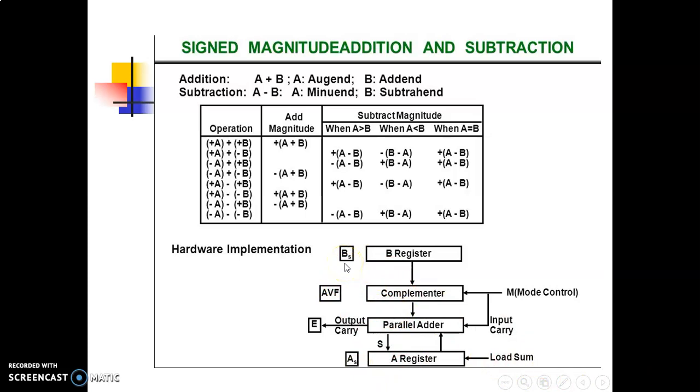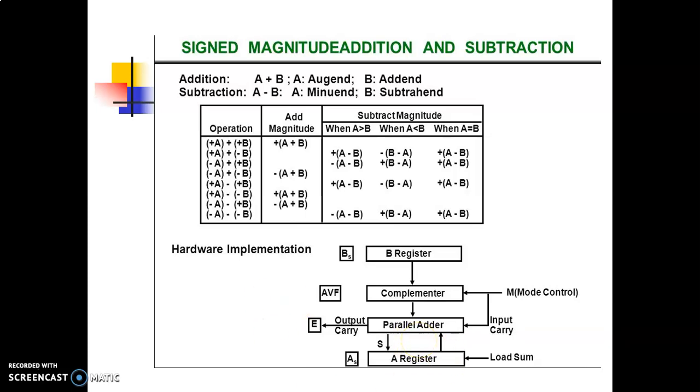Subtraction is done by adding A to the 2's complement of B. The output carry is transferred to flip-flop E, where it can be checked to determine the relative magnitude of the two numbers. The add-overflow flip-flop AVF holds the overflow bit when A and B are added. The A register provides other microoperations that may be needed when we specify the sequence of steps in the algorithm.